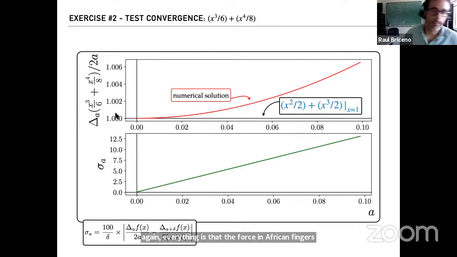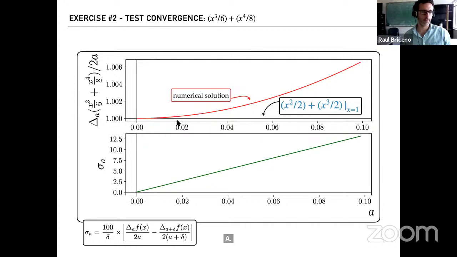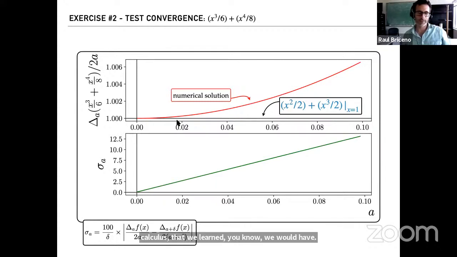So this is how you test convergence, right? And convergence just means exactly this, that the result is converging to some value for sufficiently small values of a. So, I mean, it could have been that if we had algorithms that were this fast and easy, perhaps a lot of the calculus that we learned, we wouldn't have learned as well, because maybe we would have relied on computers.